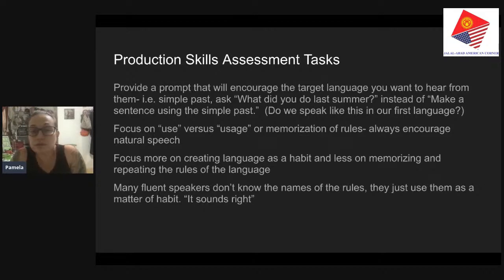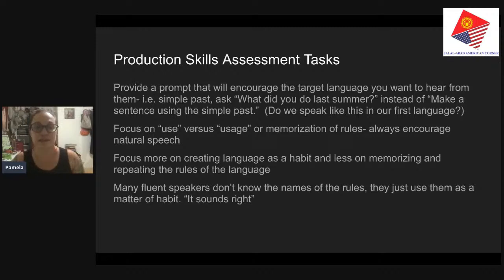Many fluent speakers don't know the names of the rules. They just use them as a matter of habit. For example, they'll say, well, it sounds right. This is why it can be very frustrating when I've gone to a different country, or when other people have had me as a language exchange buddy before I studied how to teach, to not be able to explain why something is used the way it is and just say, well, it just sounds right.